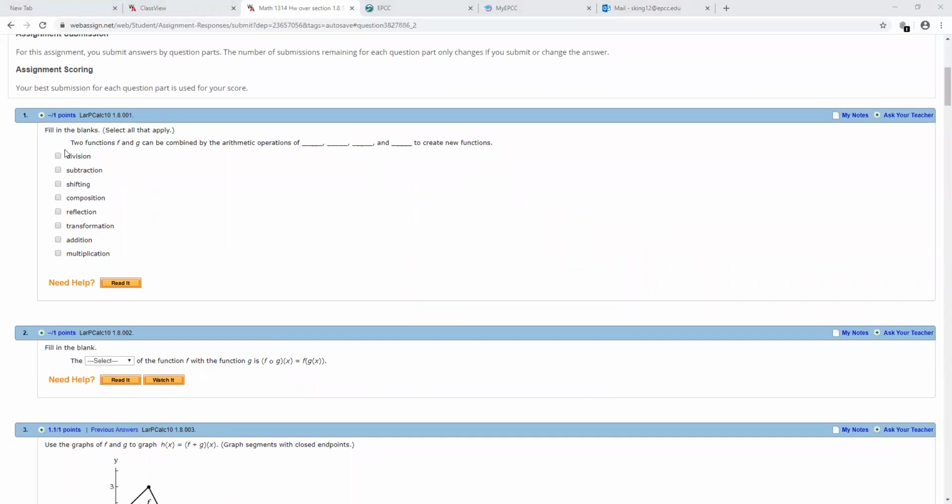Oh, number one here. William, can you read this for us? The two functions f and g can be combined by the arithmetic operations of blank, blank, blank, and blank to create new functions. That's a lot of blanks, huh? So, what do you think? I don't know how mathematically correct it is to say arithmetic, but certainly the first two.